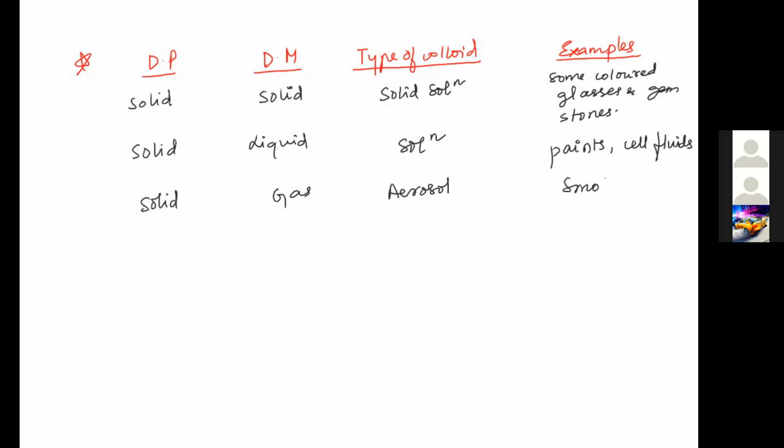Examples are very important. They can ask you infinitely numerous questions on this table alone in different combinations. Liquid in solid is a gel: cheese, butter, jellies.